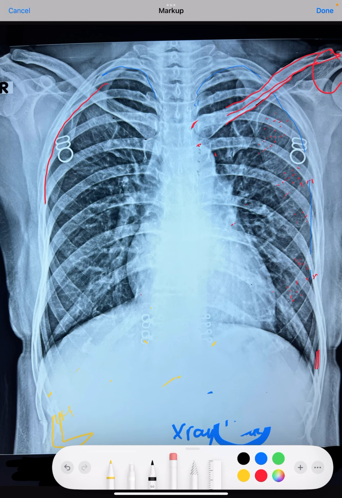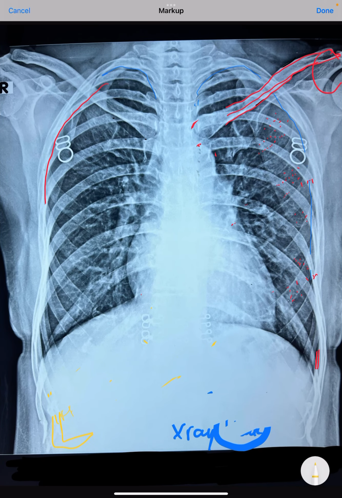Other things which you must see are the spinous processes. This is the trachea. You can see this trachea. This is actually a radiolucent or blackish shadow. This trachea is going, and this is the mediastinum. This all is mediastinum, which is in the center.